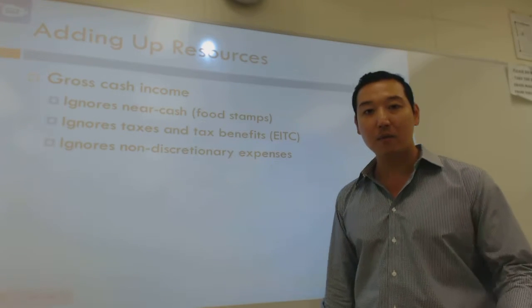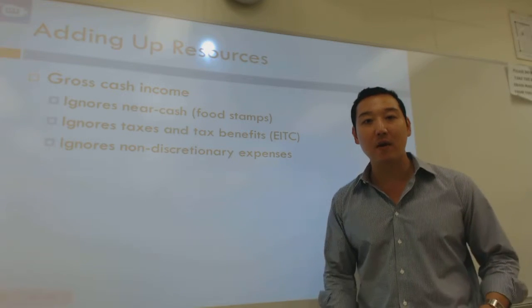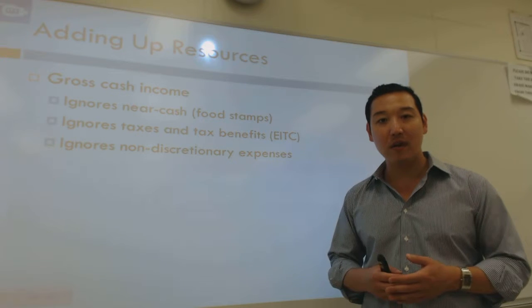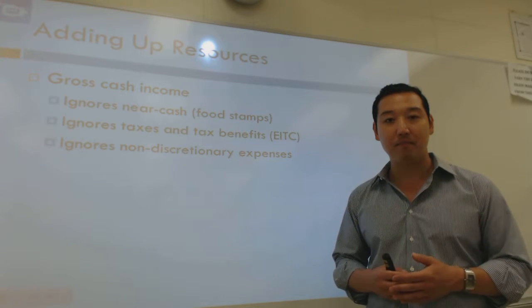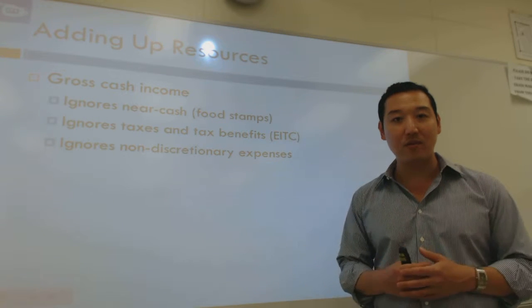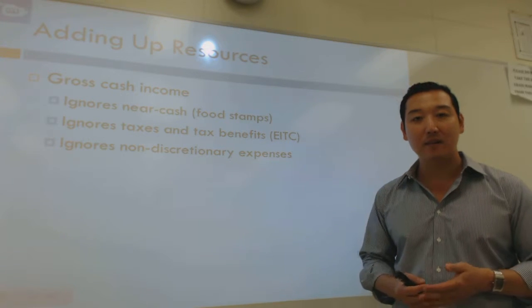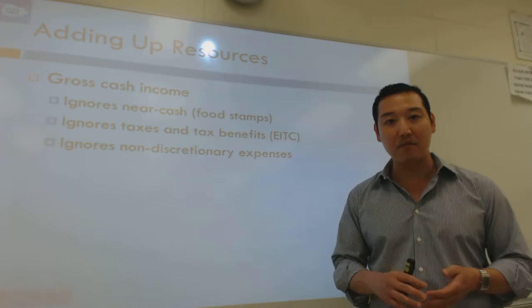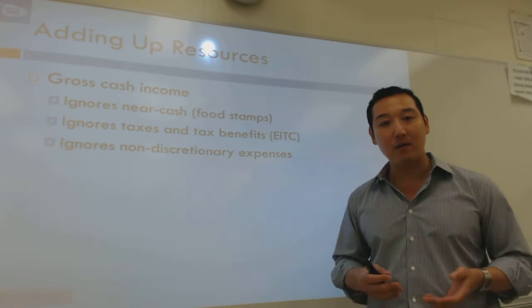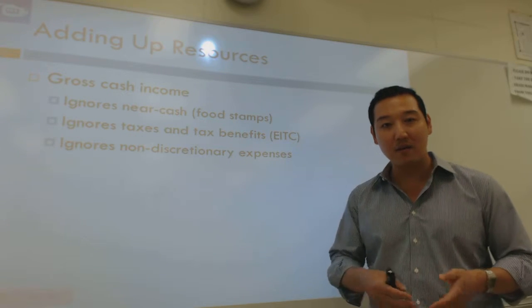So looking in a little more detail here. First is in the way of resources. The Census Bureau, when they estimate poverty, will count your gross cash income. So this is before taxes, before any type of government transfers. If you think about things like government tax programs, the EITC benefits, the child tax credits, when the Census Bureau estimates poverty, they're counting your gross income.